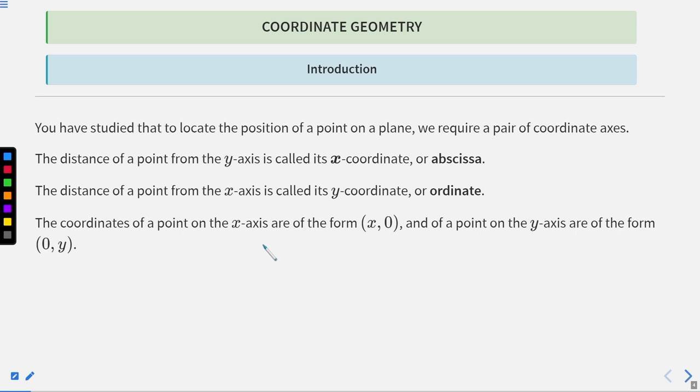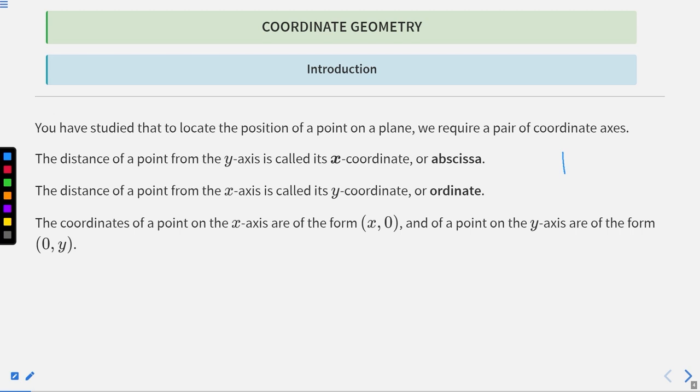So the coordinates of a point on the x-axis are of the form (x, 0), and of a point on the y-axis are of the form (0, y).